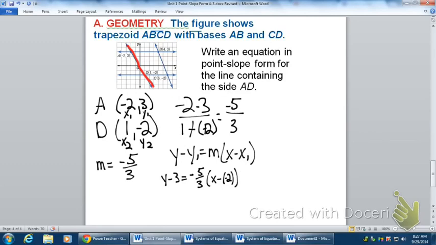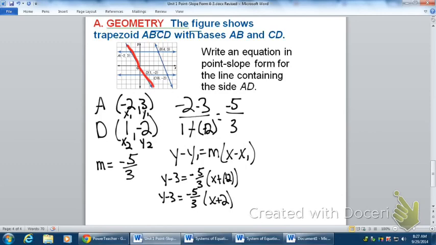To simplify this, all you need to do is y minus 3. You can't simplify that anymore. For point slope form, you don't need to. The one thing you need to simplify is two negatives make a positive. So that should be x plus 2. So that's one possible answer.